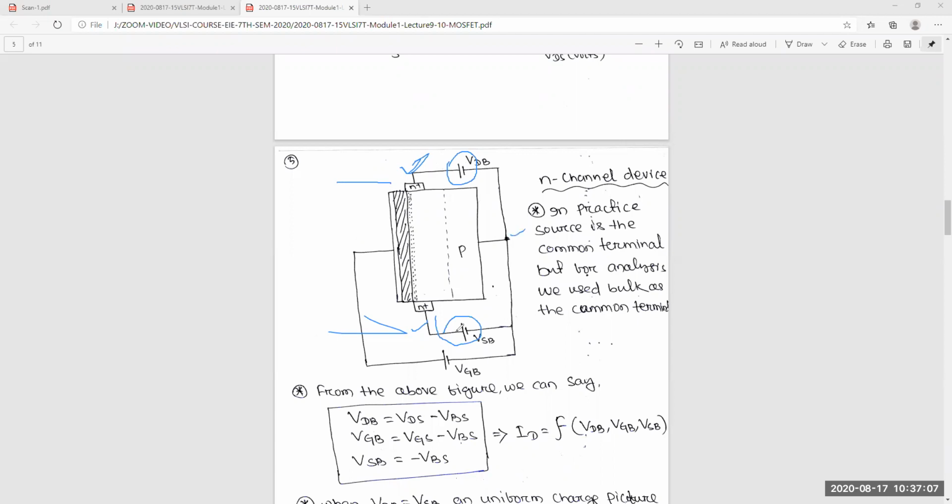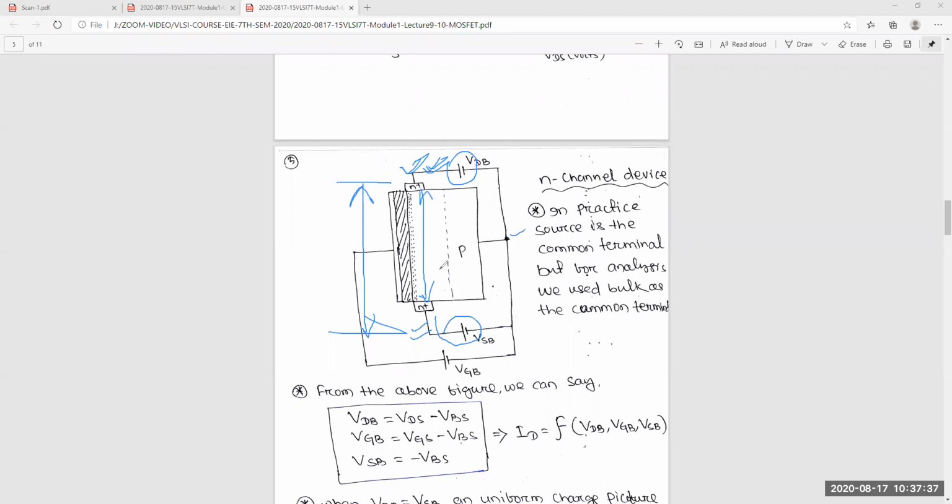If this voltage and this voltage are the same, then there is no voltage drop across this terminal to this terminal. Yes or no? Yes, sir. Okay. So now, suppose this is constant. Now we are slowly increasing this voltage. That means the drop between these to this will increase or not?